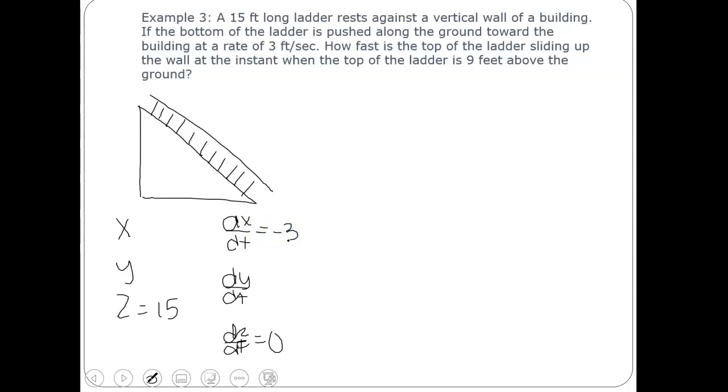So if you're pushing the ladder to the wall, then the rate of change of the ladder on the ground is shrinking.